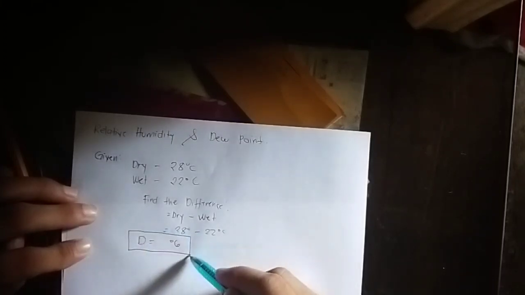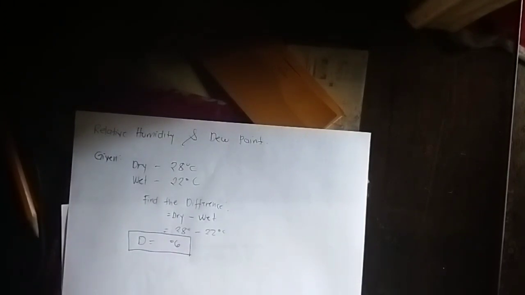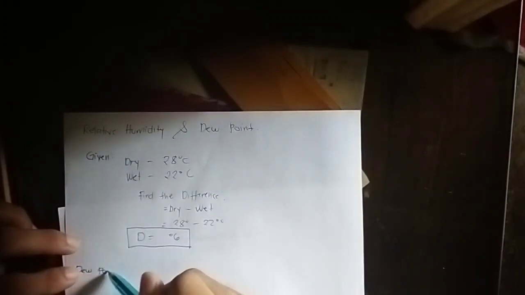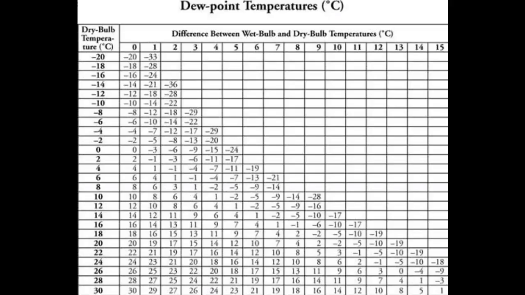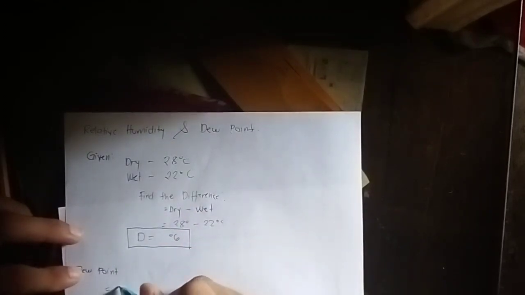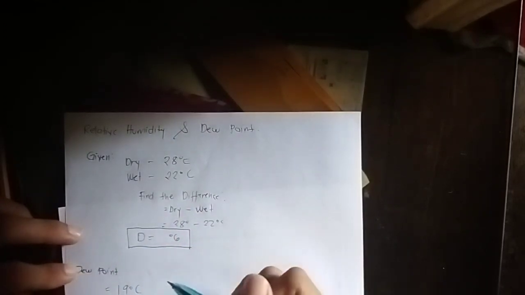The thing to remember is the D and D, which is the dry and the difference of the dry and wet. The difference is 6 and the dry bulb is 28, so the answer here is 19 degrees Celsius. So what we put for the dew point is of course 19 degrees Celsius.